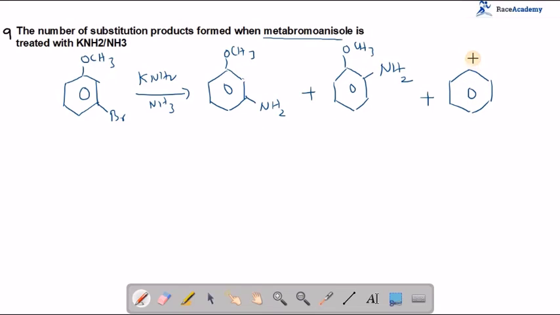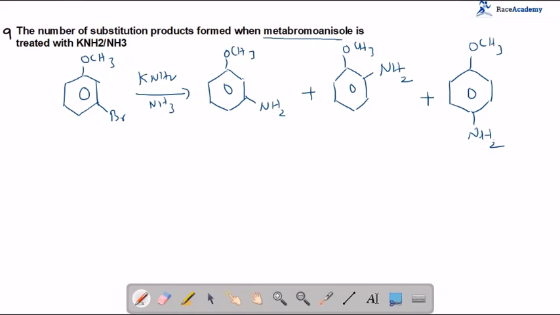Meta product. So these are the possibilities. So there are 3 such types of substitution products of meta-bromoanisole.